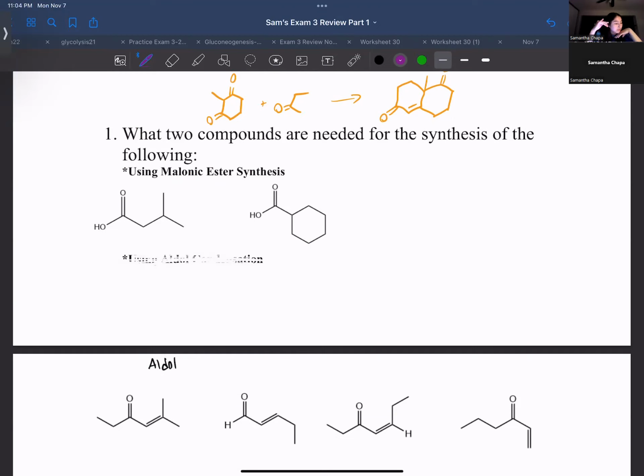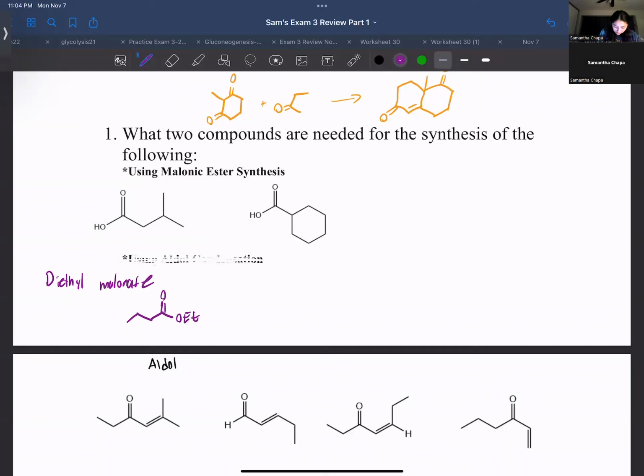The starting material in the malonic ester synthesis is literally malonate, so malonic ester. It's called diethyl malonate, which looks like this right here.